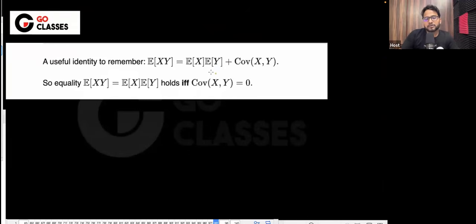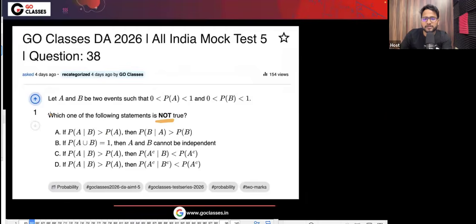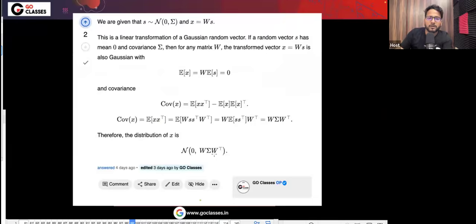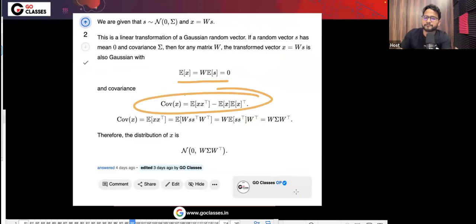So if you want to find the covariance of this x, you can use the similar formula. The expectation we have found will be 0, right? Covariance of x comma x is the same as the variance of x. It doesn't matter. Here the same formula we can use, which means the covariance will be expectation of xy minus expectation of x into expectation of y. So it will be something like this, right?